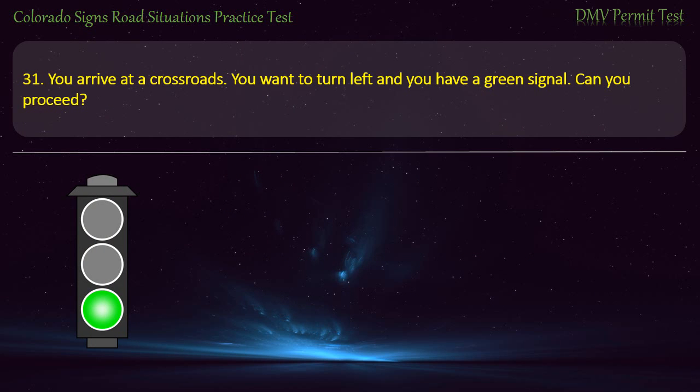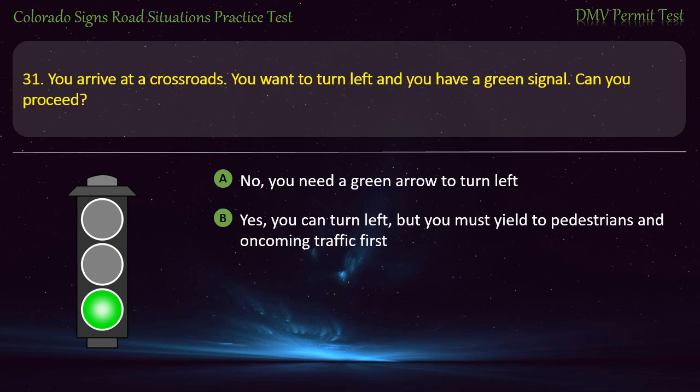Question 31. You arrive at a crossroads. You want to turn left and you have a green signal. Can you proceed? No, you need a green arrow to turn left. Yes, you can turn left, but you must yield to pedestrians and oncoming traffic first.